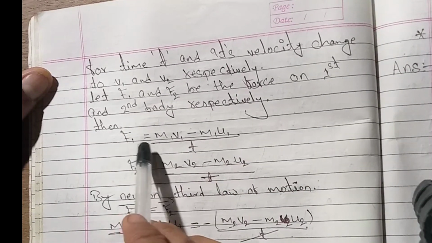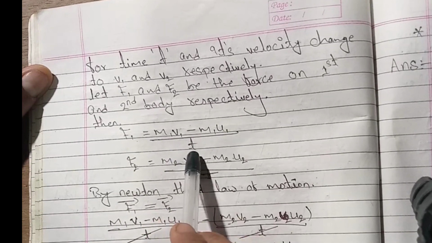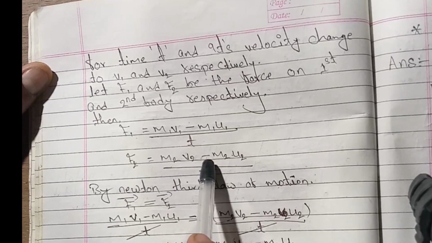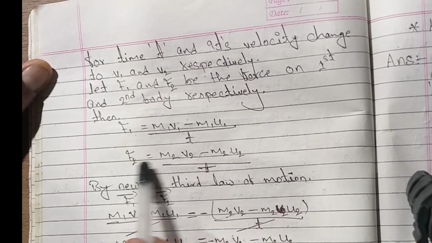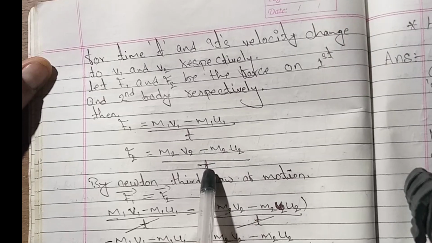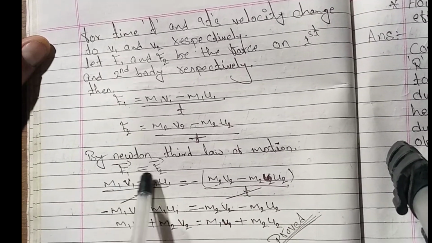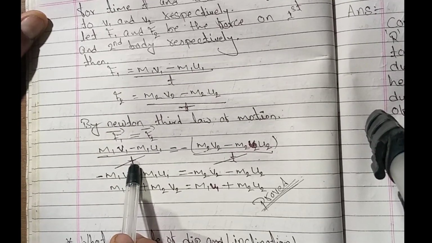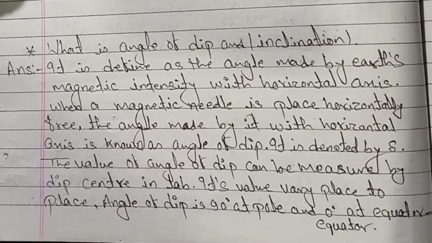Then F1 is equal to m1 v1 minus m1 u1 by t, and F2 is equal to m2 v2 minus m2 u2 by t. By using Newton's third law of motion, F1 is equal to minus F2. Cancelling t, the result is proved.